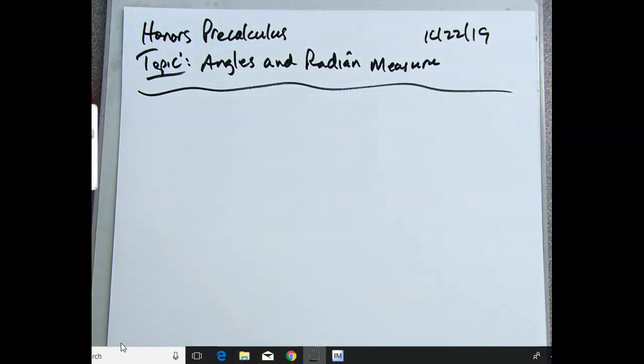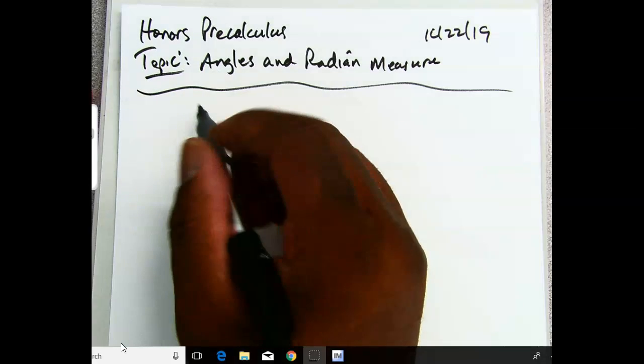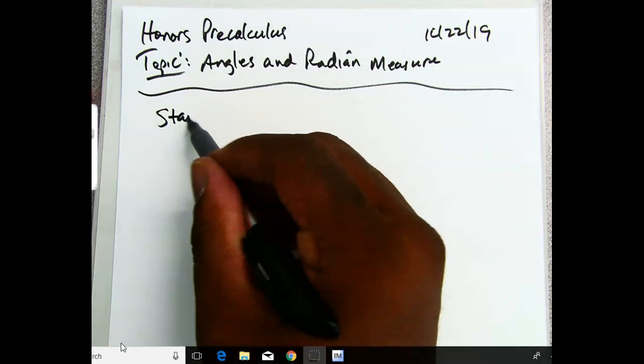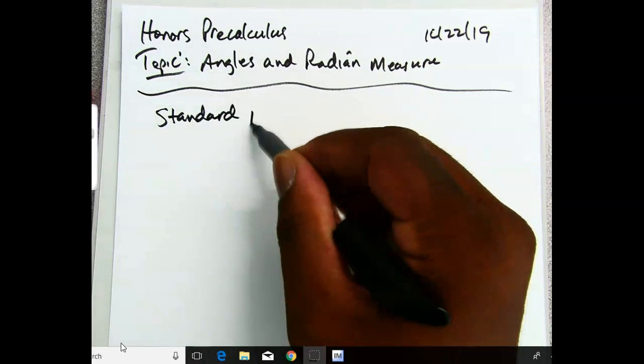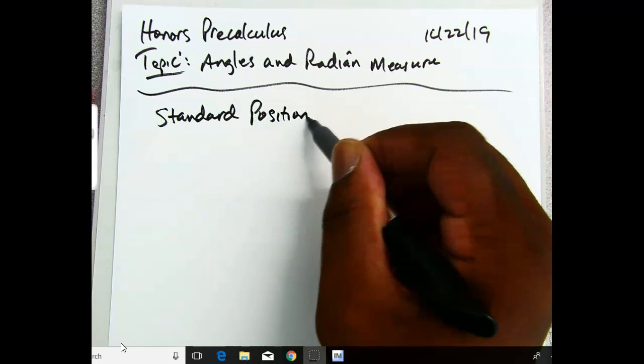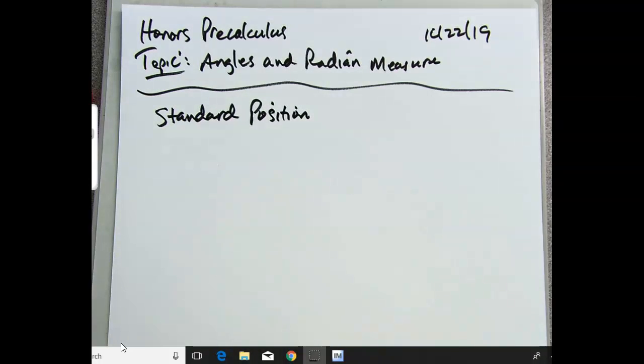All right, so our focus again will be on angle measures. One of the things that we went over yesterday was taking a look at an angle in standard position.